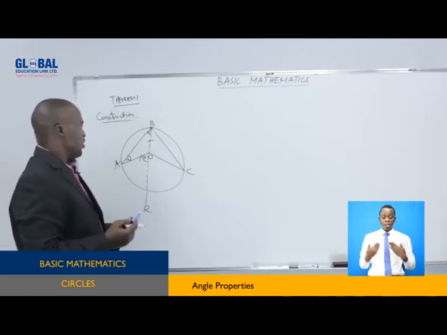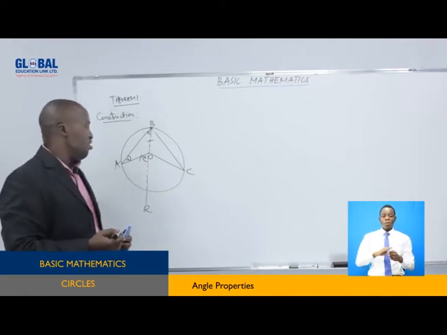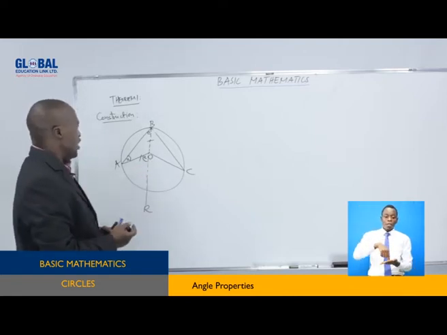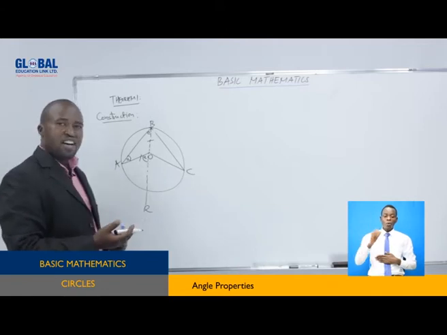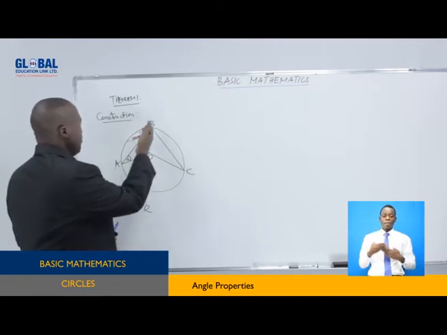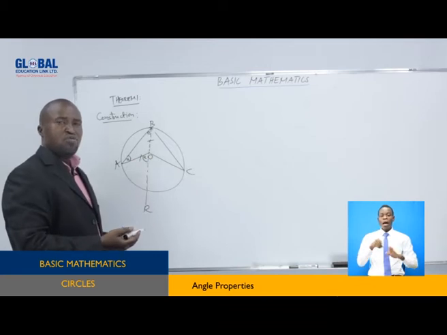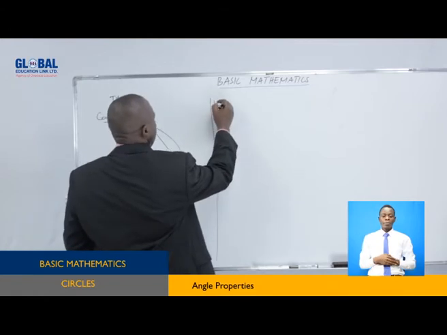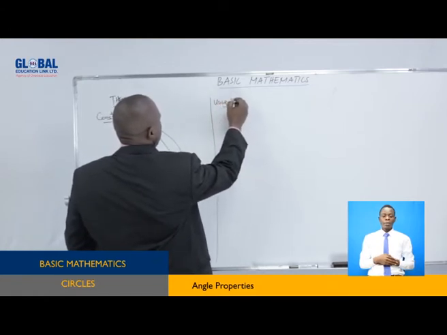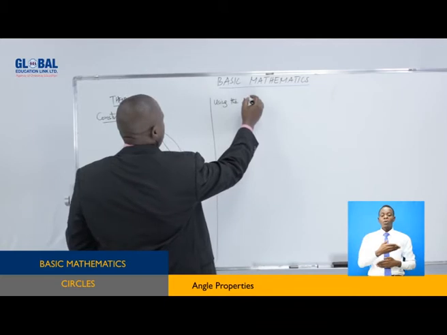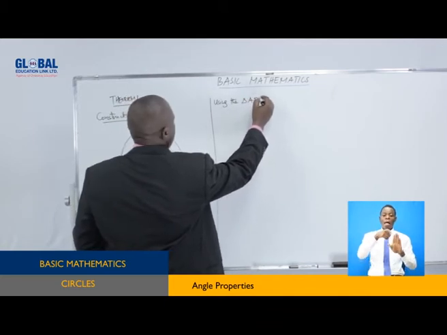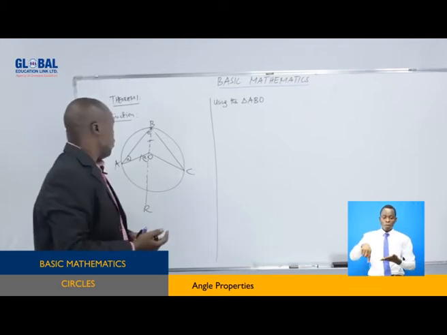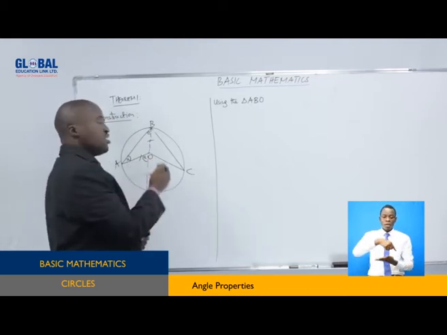So students, consider this construction of the circle with the center O. Now, in this case, we are going to consider the triangle ABO so that we can prove our theorem. So here we say, using the triangle ABO, this is an isosceles triangle, whereby the base angles are the same.